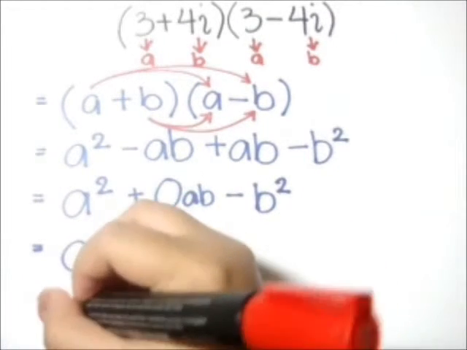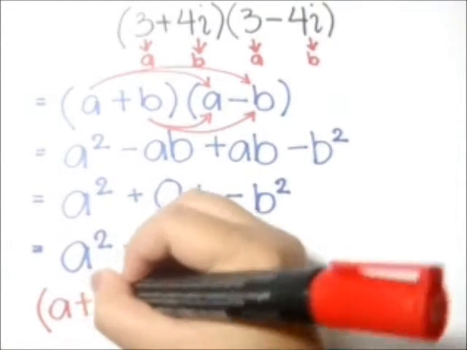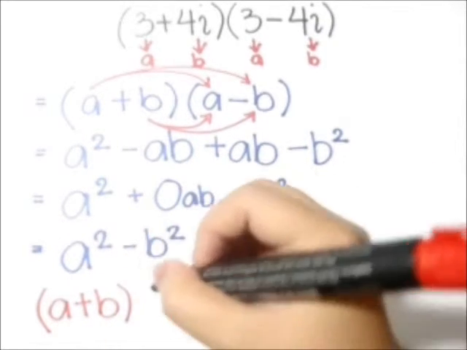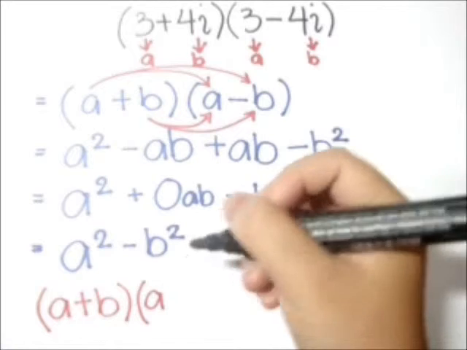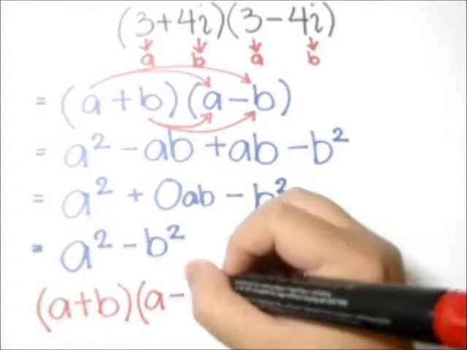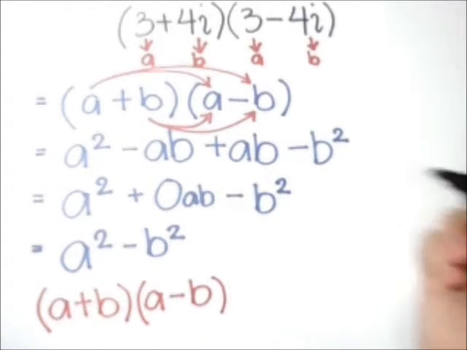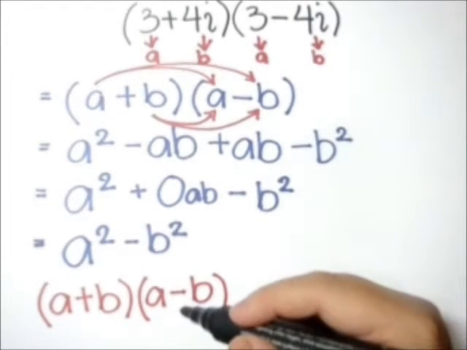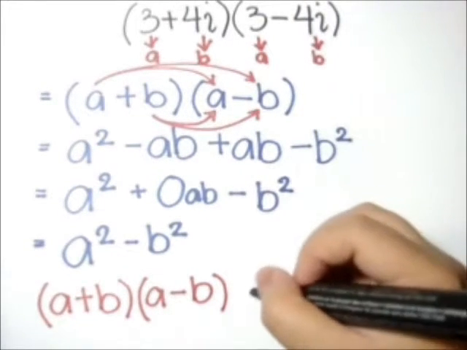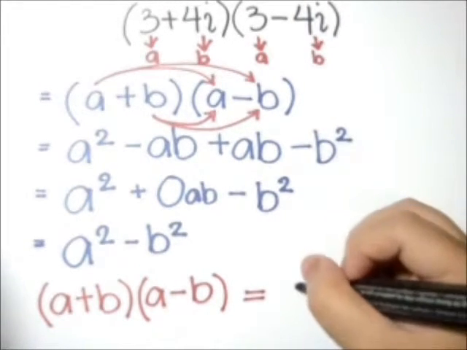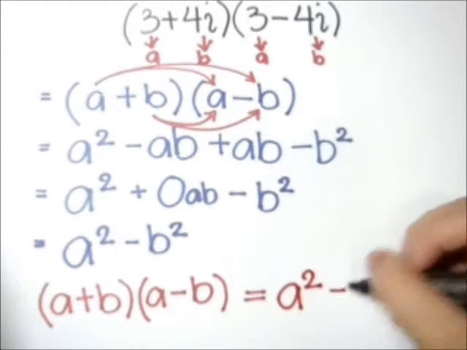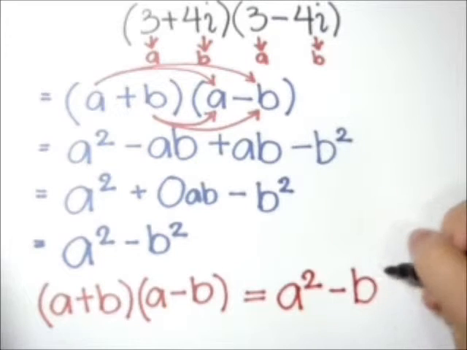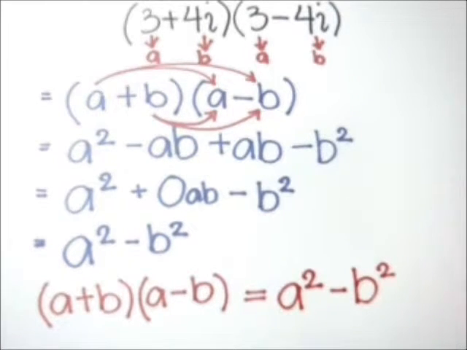Therefore, we conclude that (A + B) multiplied by (A - B) is equal to A squared minus B squared. This is why we call it the difference of two squares.